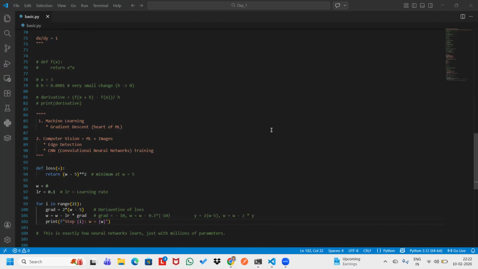And differentiation does what? I just said that if you have an image, how sharply your edge changes is decided by differentiation. It will decide that the sharpness of your edges would be like this, so that it can be understood.